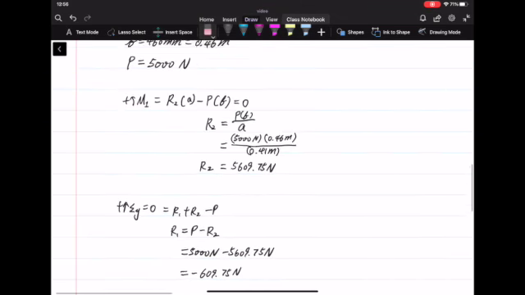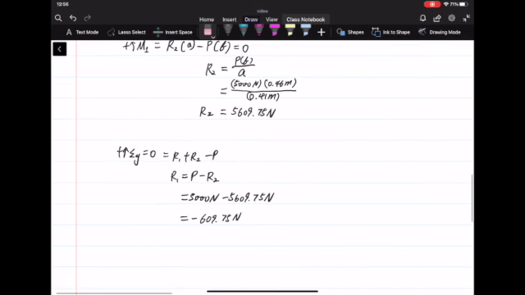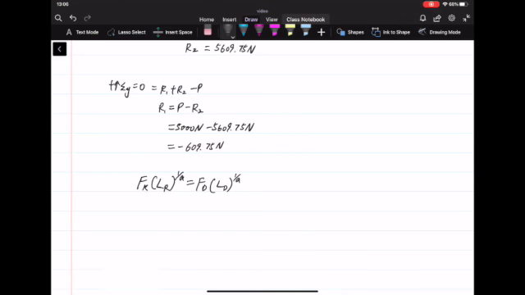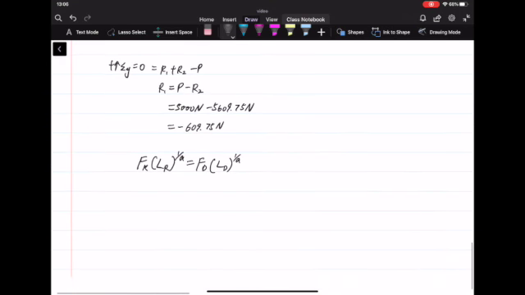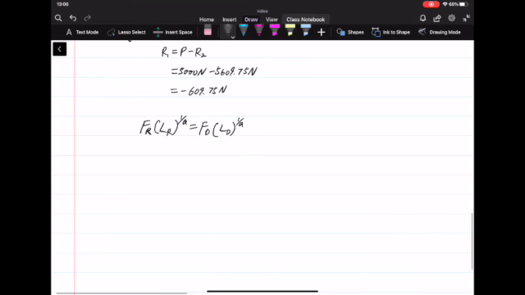All right, so now we have P, R1 and R2. We're going to use our bearing selection equation to find the bearing that's appropriate for the application from the catalog. This is the step where we select the bearing from the equations that we have. What we're looking for is FR, which is the rated load from the catalog.